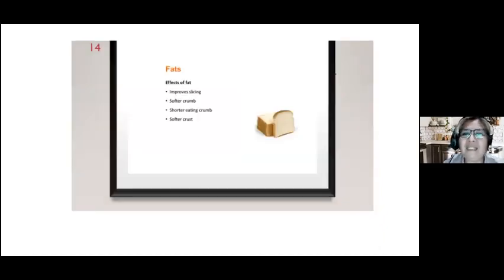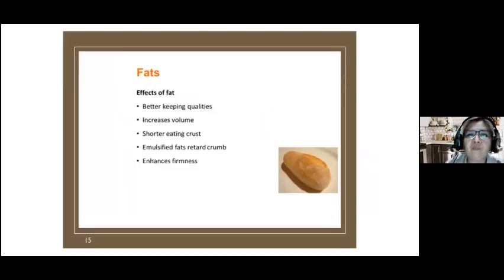Fats also help with slicing. Ayun, pag mahirap siyang i-slice, kulang siya sa butter or margarine or oil. It adds to the softness of the crumb and it shortens the eating crumb and adds to a softer crust. It gives better keeping qualities to the bread. It increases volume.